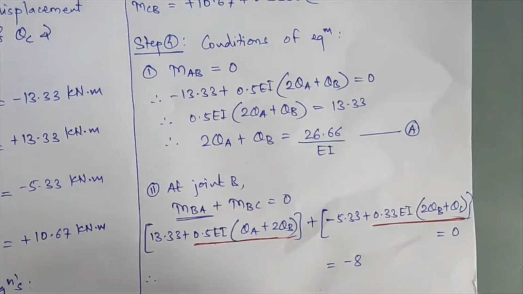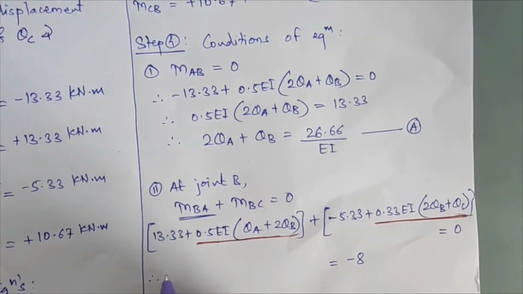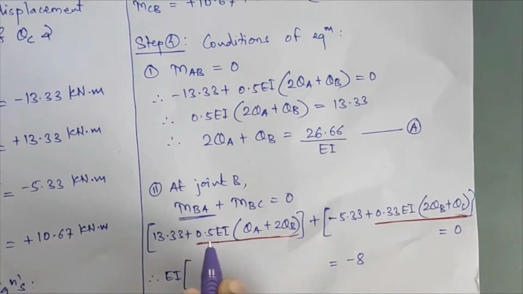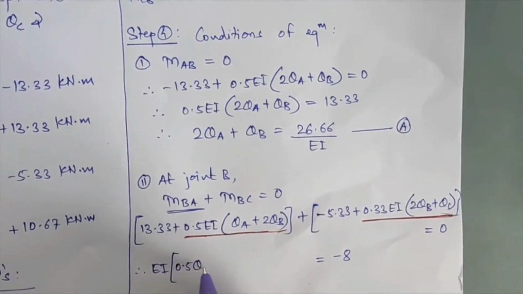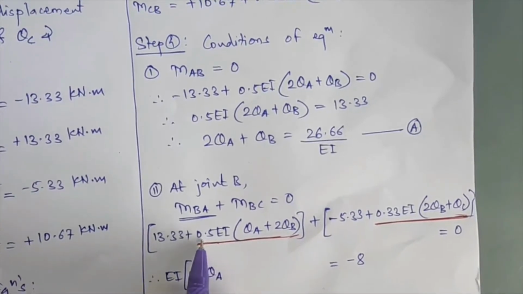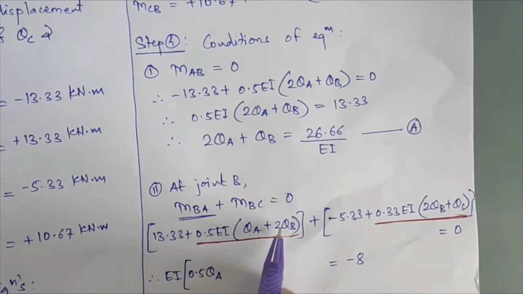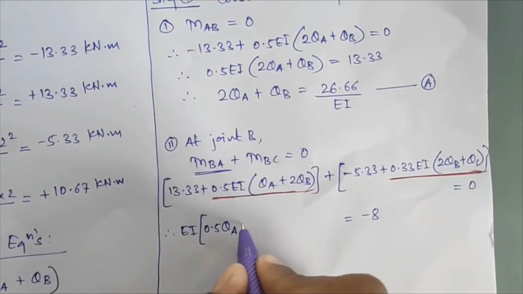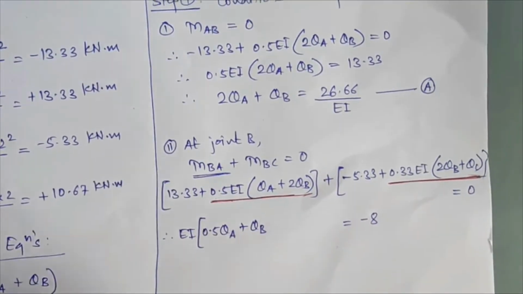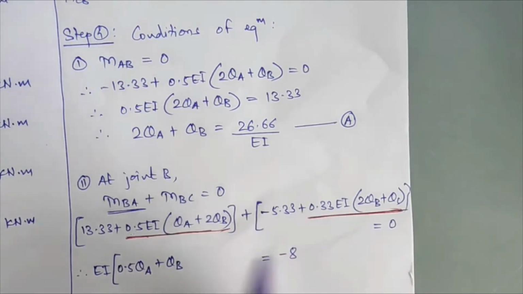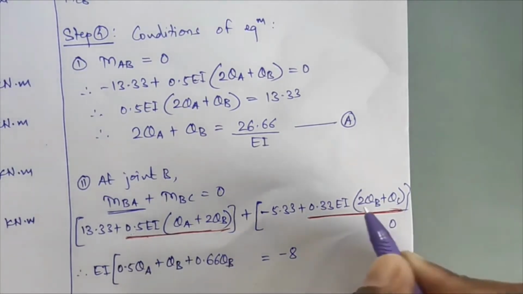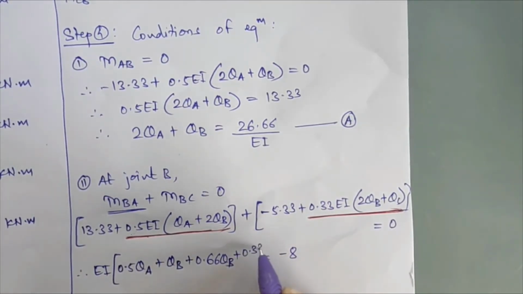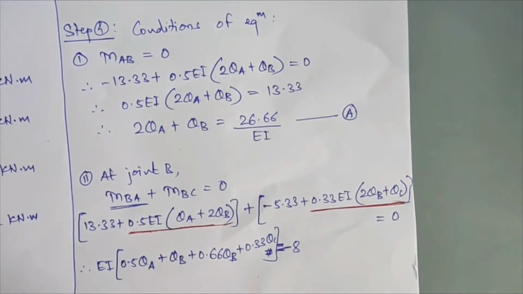One by one we'll see. I am taking 0.5 EI common from both these terms. What I get: 0.5 times EI theta A, and 0.5 times 2 theta B, so 0.5 into 2 becomes equal to 1, so I get plus 1 theta B. Next term, 0.33 into 2, I get 0.66 times theta B plus 0.33 times theta C is equal to minus 8 over EI.